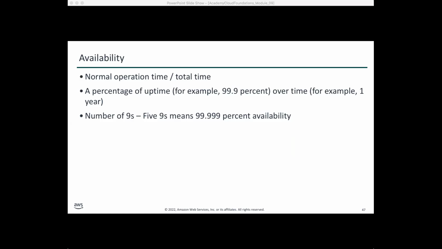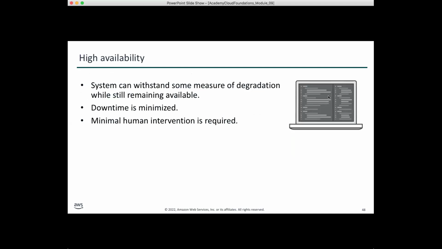There is also a shorthand to describe availability by number of nines. So 5 nines means 99.999% availability. When we say a system is highly available, what does it mean? It means the system can withstand some measure of degradation while still being available.